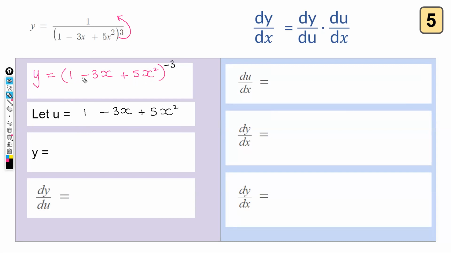So if we are pretending that this is the letter u, then we can throw away this entire expression and write it as what? Y is equal to u to the power minus 3, which is what I am going to do down here. Y is equal to u to the power minus 3.